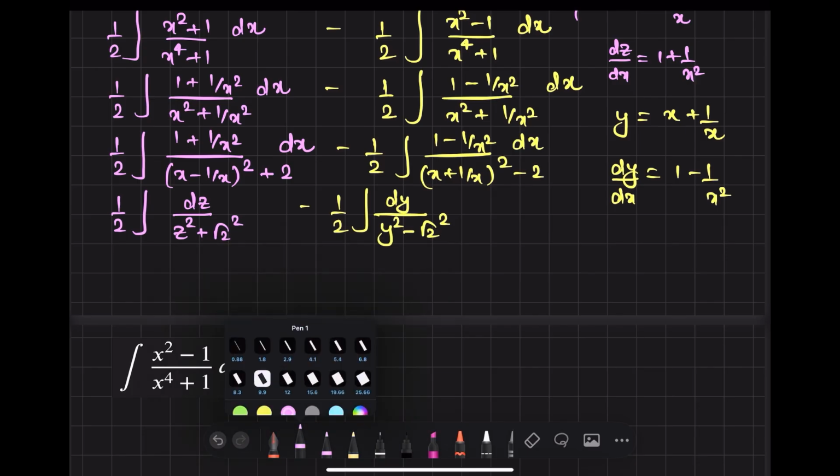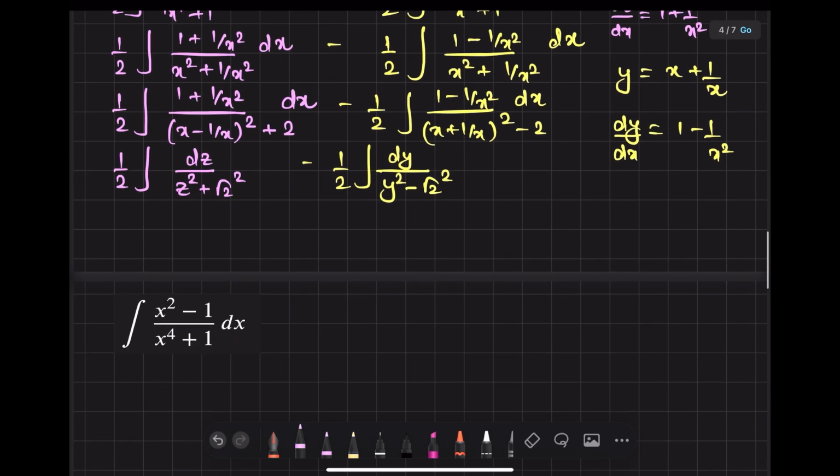Now try to connect. Look at this. This is dx by something square plus or minus something square, without root. So whether it is without root or with root, we used to connect with the formulas of tan inverse x, means differentiation of tan inverse x, sin inverse x, cos inverse x.